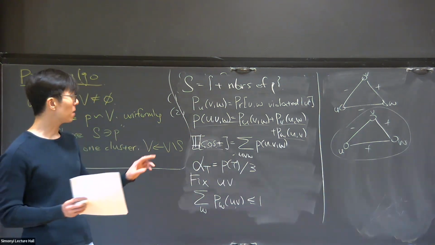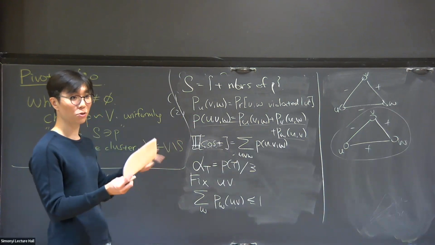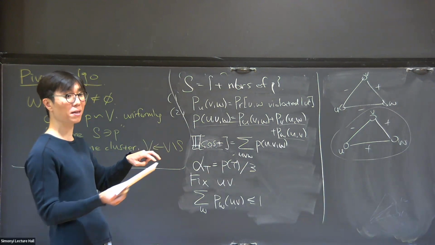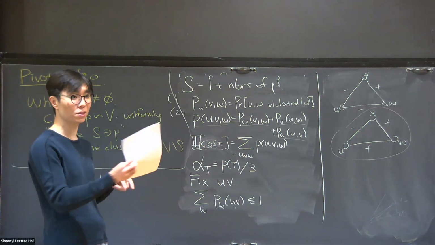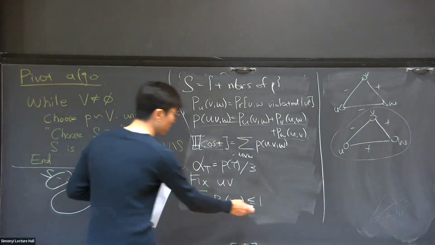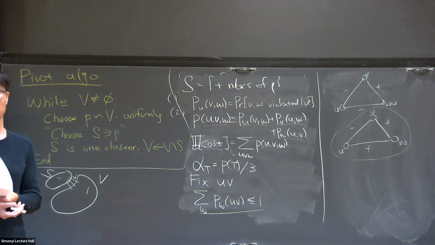If UV is a plus edge and it's violated, it means it's cut, so the edge disappears. If UV is a plus edge and a minus edge and it's violated, then it's going to be contained in the new cluster, so it's gone anyway. That's why this is true: it can be violated at most once.